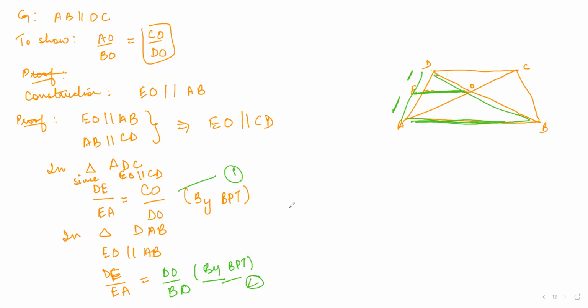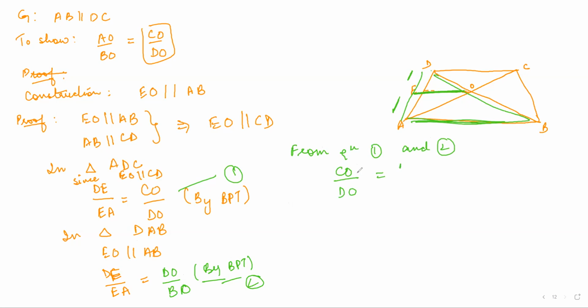Now you compare 1 and 2. From equation 1 and 2, is there anything which is same here? DE upon EA. Yes, so left hand side is same. So that means the right hand side is also same. So CO upon DO is equal to... somewhere I've written something wrong. CO upon AO.